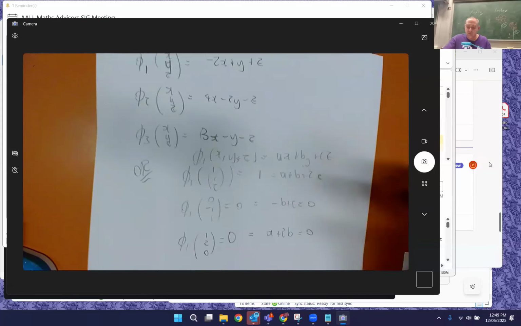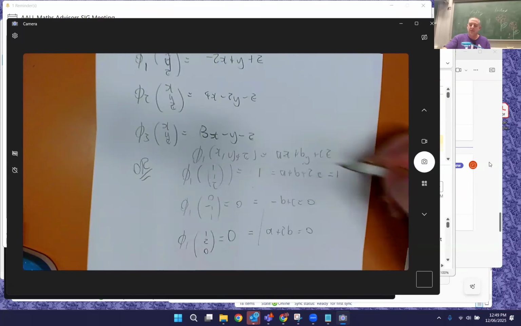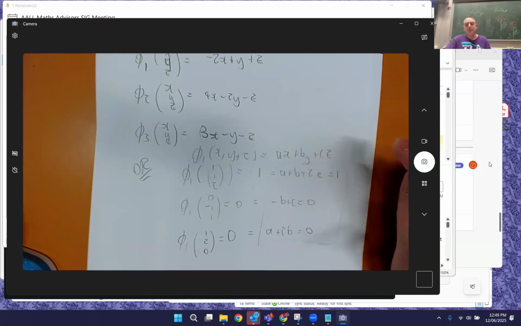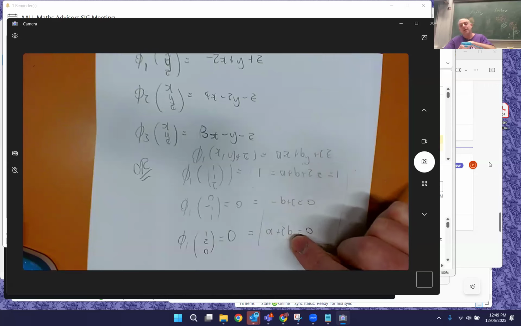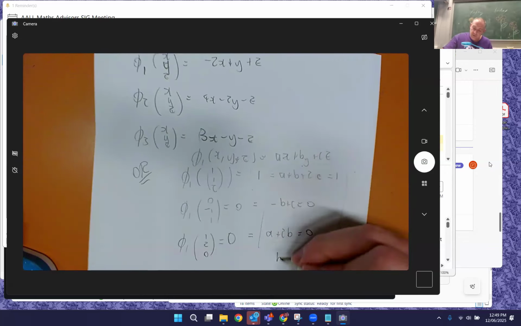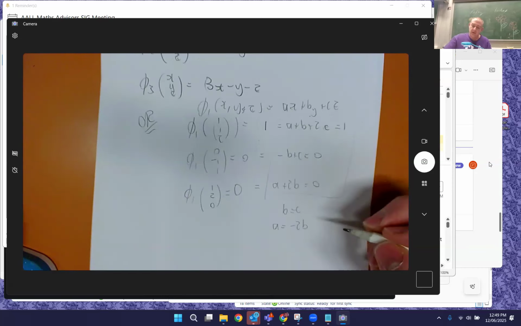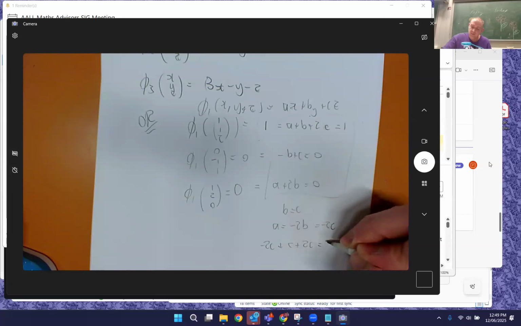And this is enough information here to figure out what the a, b, c are that go with this one. Row operations. I mean, b equals c, you could sub that in there, and a is minus 2b, which is therefore minus 2c. So we've got that b equals c, a is minus 2b, which is minus 2c, so minus 2c plus c plus 2c equals 1.